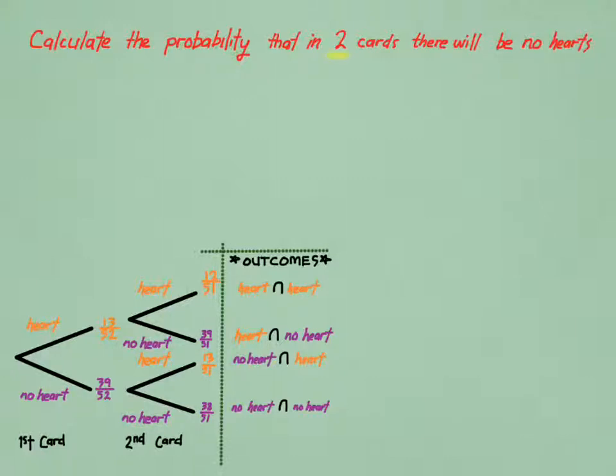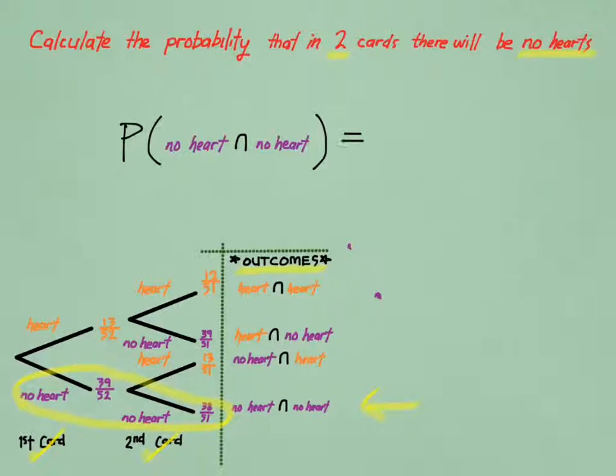Remember, two cards, and let's look at the first card first, and then the second card. So we're looking at a scenario along that branch right there, and in terms of the outcome, it is the one down the bottom where we've got no heart and no heart.